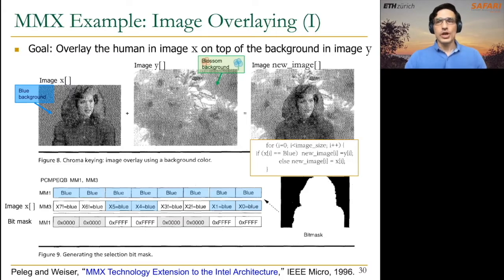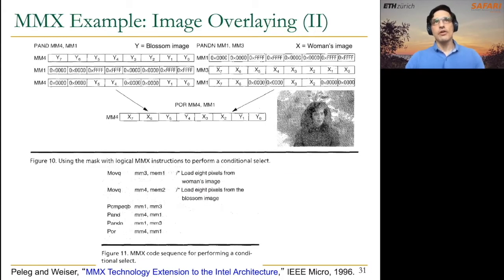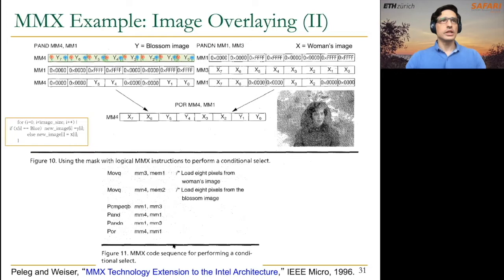So once we have the bit mask, let's see what we have to do with the blossom image and with the woman's image. Let's start with the blossom image. Recall that this is the computation that we have to perform on a sequential processor. Here in the SIMD processor, we are using the mask. The first thing to do is to load chunks of the blossom image into a register, in this case MM4, and then we apply the mask.